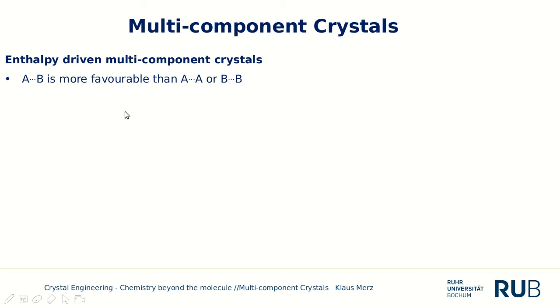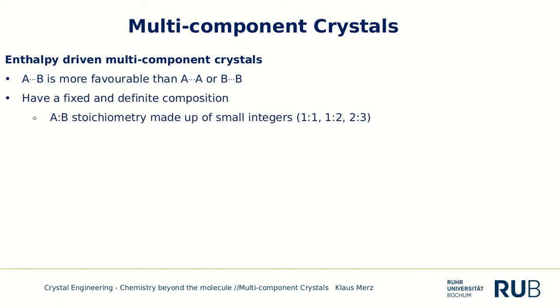AB is more favorable. Next, in the enthalpy-driven multi-component crystals, we have a fixed and definite composition, the ratio. The ratio always shows small values, 1 to 1, 1 to 2, or 3 to 3, 2 to 3, something like this. Mostly 1 to 1, 1 to 2, not always. This was enthalpy.